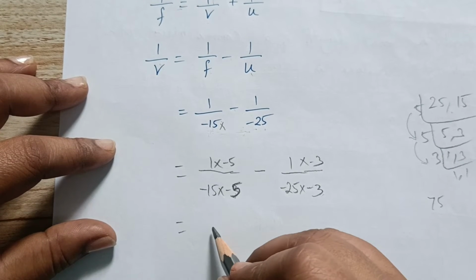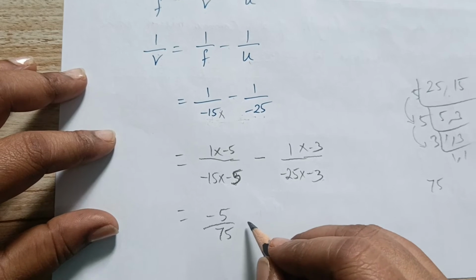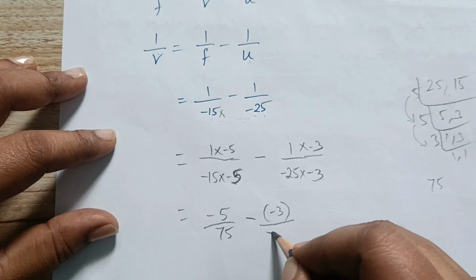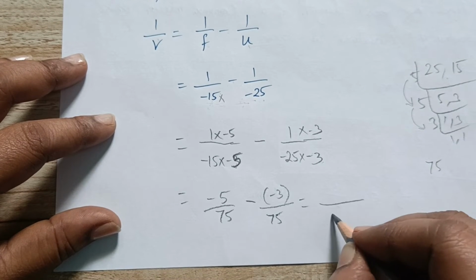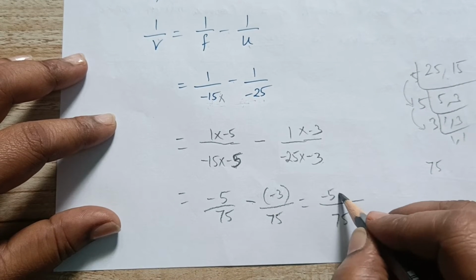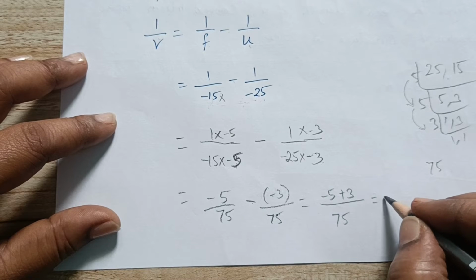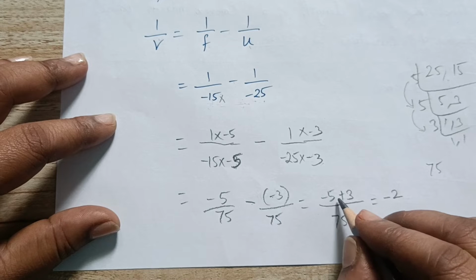That is equal to minus 5 by 75 minus 3 by 75. Okay, so you got the common denominator 75, minus 5, minus into minus is plus 3. That is equal to what? Minus plus means you have to subtract only.